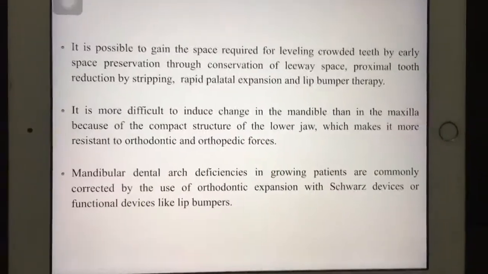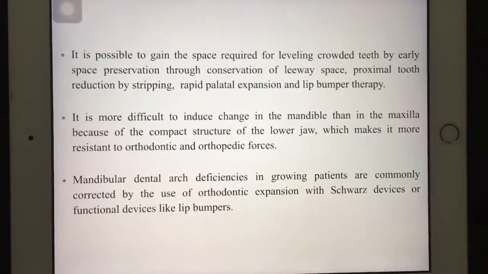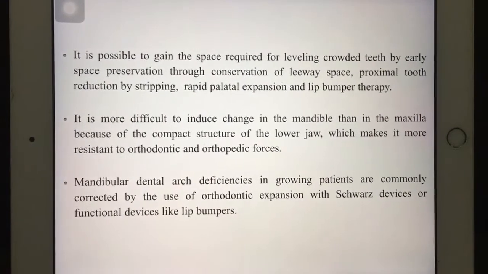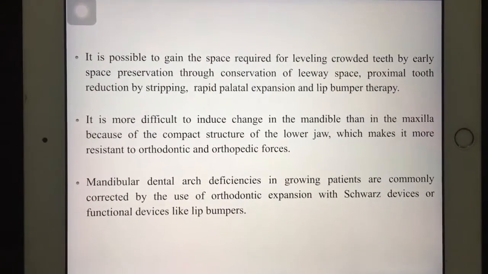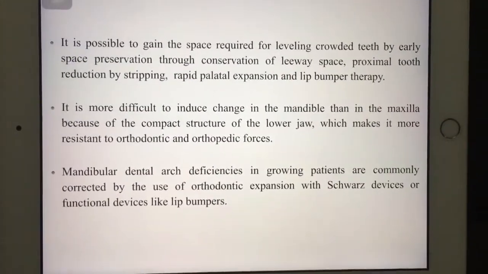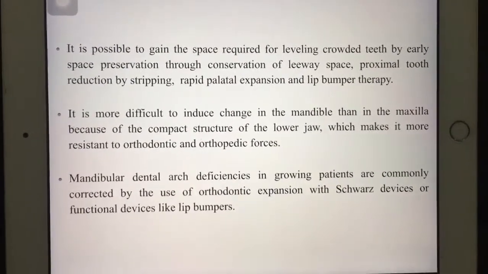So, yung mga space maintainers such as mga band and loop space maintainer or LLHA or lower lingual holding arch. Or so it could be also proximal tooth reduction by stripping, rapid palatal expansion, and lip bumper therapy.